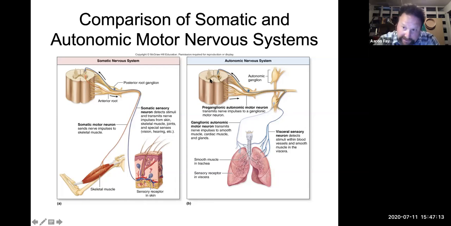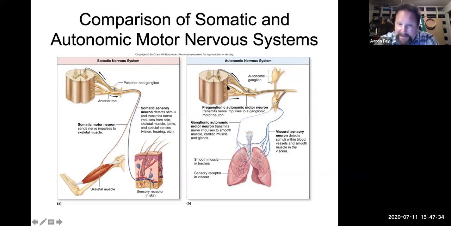Now, the big change is in the efferent information, the stuff leaving your central nervous system. So here, one neuronal pathway. In the autonomic, we have two. So in this example, the cell body of the preganglionic neuron is housed in the lateral gray horn of the spinal cord.